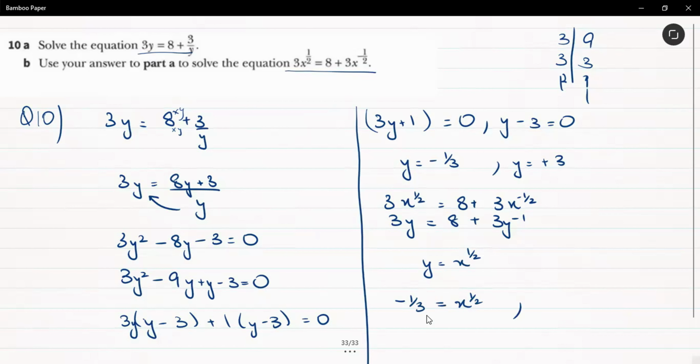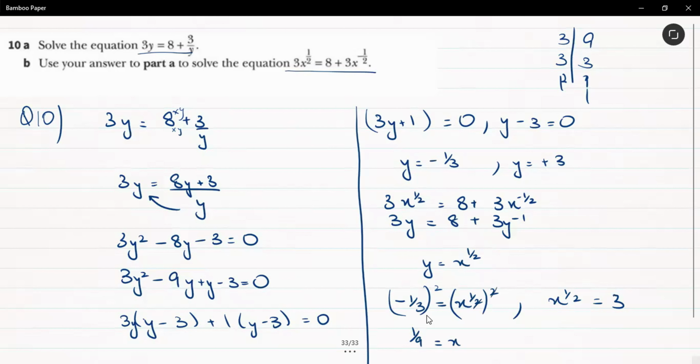Now the second thing is x raised to power 1 over 2 is equal to 3. For this one, we're going to get values because anything, whether it's positive or negative, can be squared. So if I square this, I have to square this. So this is going to be positive 1 over 3 squared, which is 9, is equal to x.